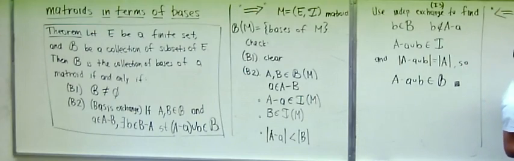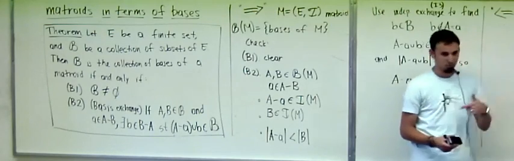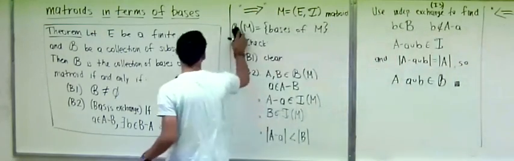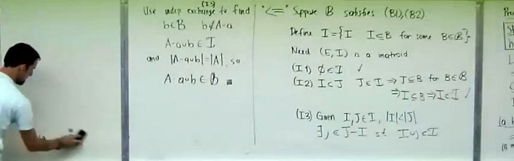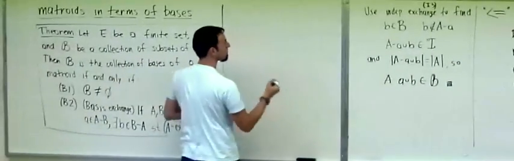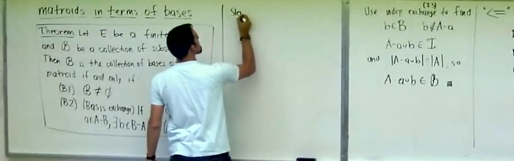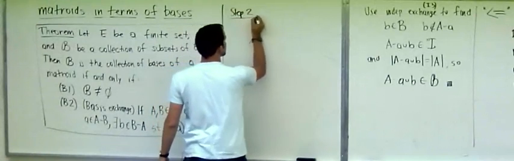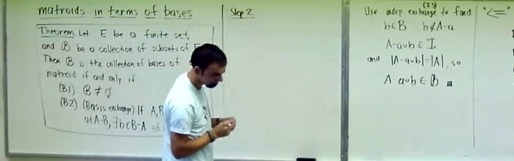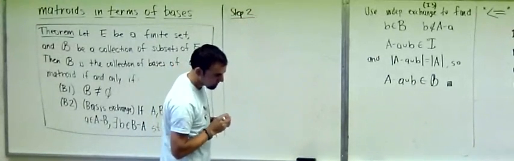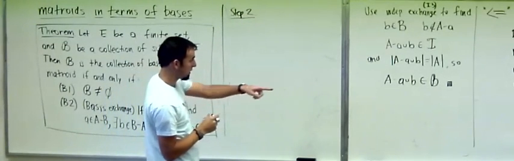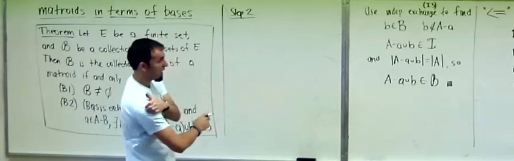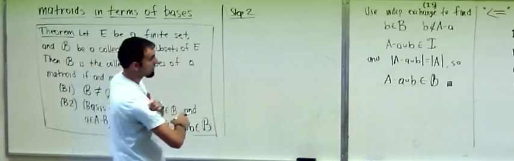The first thing is step 1 over there, and now I'm actually going to do step 2, which is basically to finish it. Step 2. So I need to check that axiom I3 holds for this set I that I defined over there.